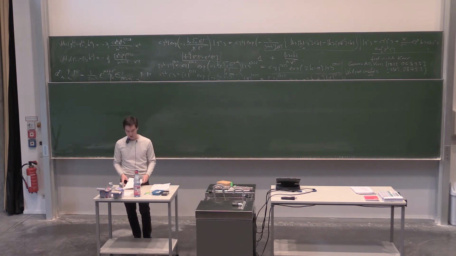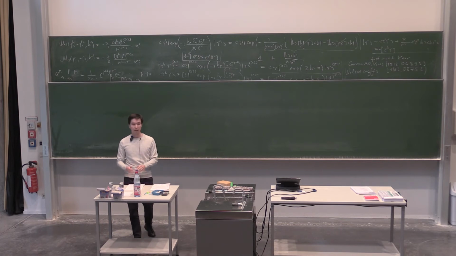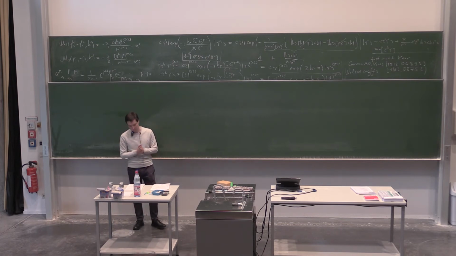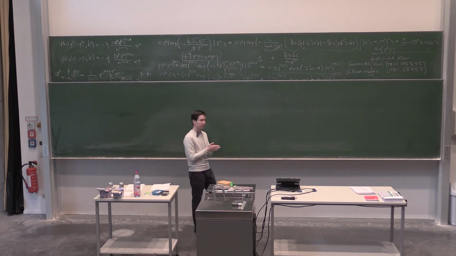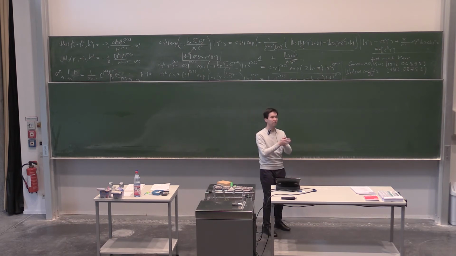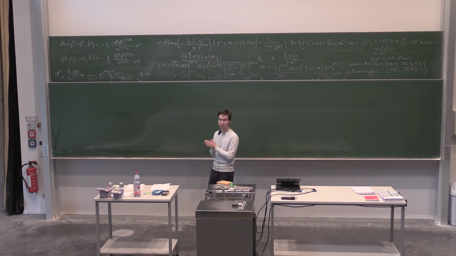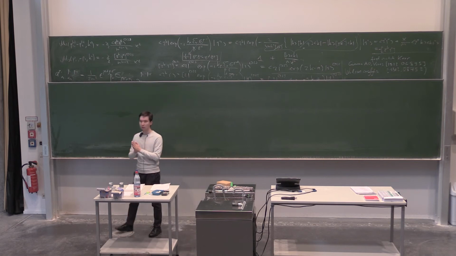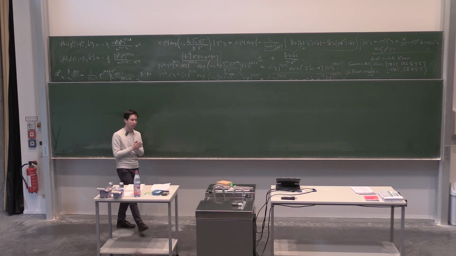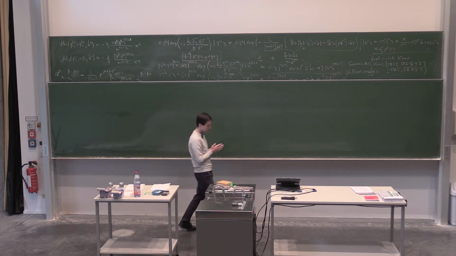So there's a clear understanding that in the spinless case, a massive scalar coupled to gravity reproduces classical results for Schwarzschild black holes.